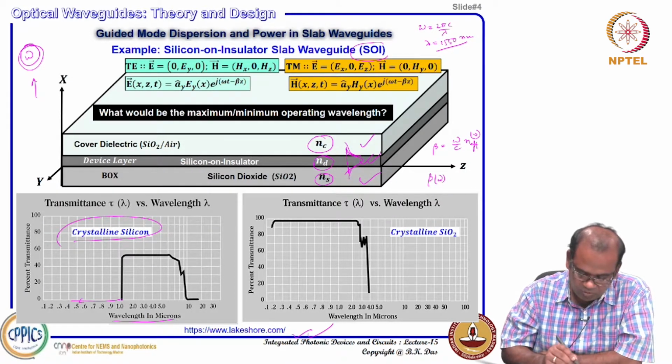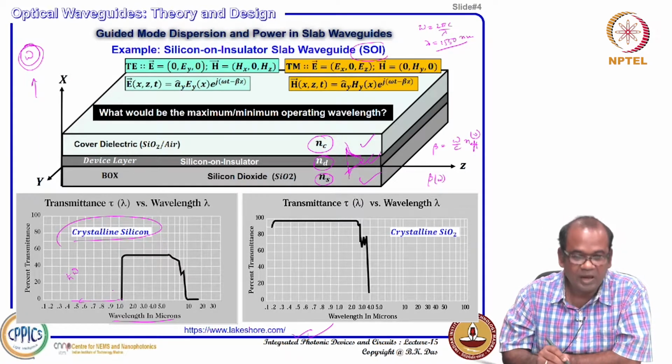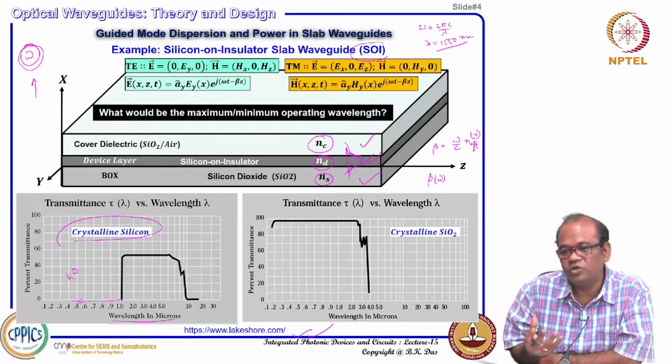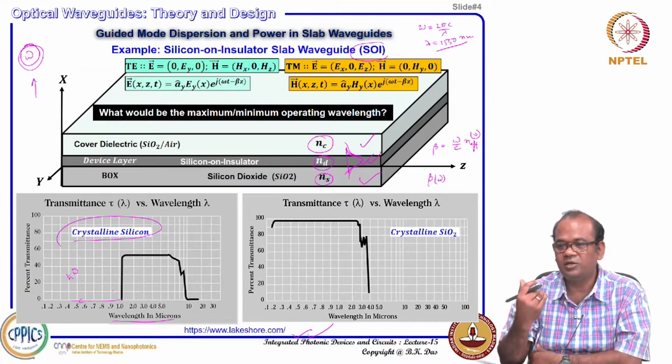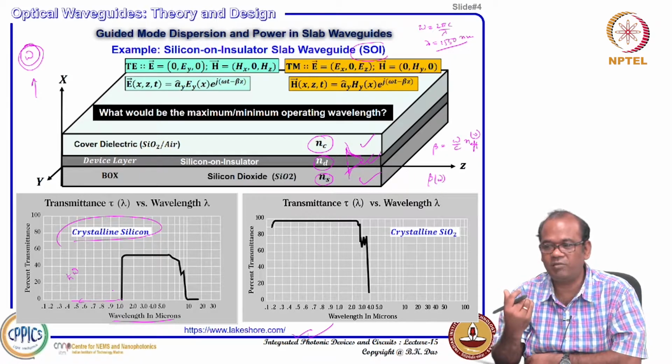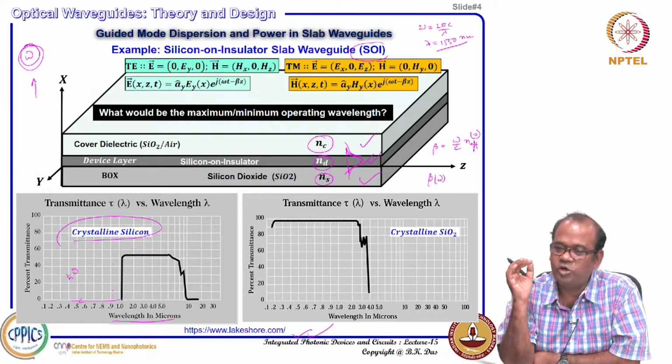Below that wavelength, the corresponding photon energy h cut omega is very high, and the electromagnetic wave will get absorbed and an electron-hole pair will be generated. An electron from the valence band will acquire energy from the photon associated with the electromagnetic wave at that frequency, and it will be released to the conduction band. So, almost everything will be absorbed.